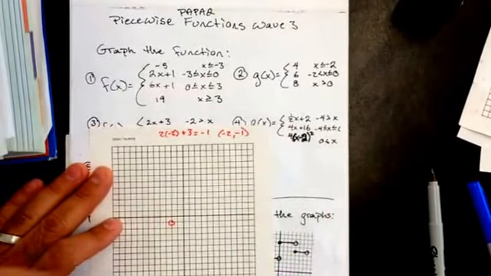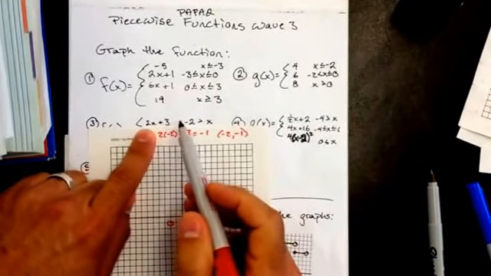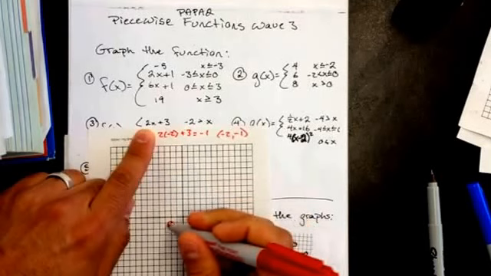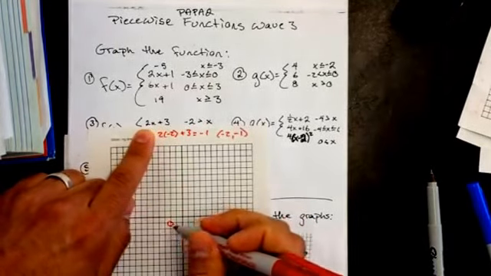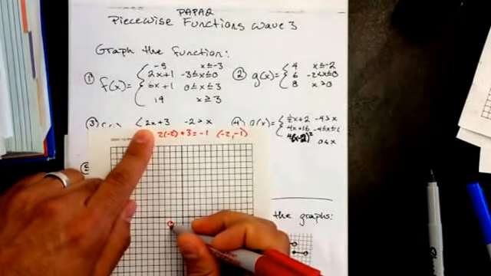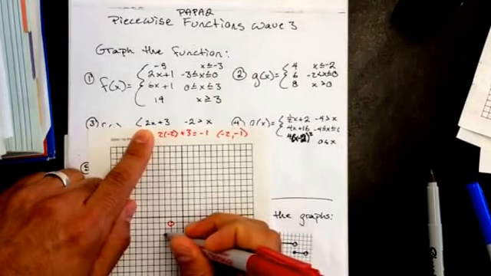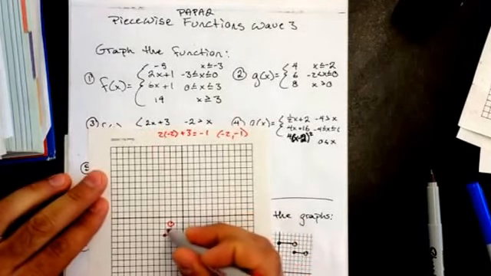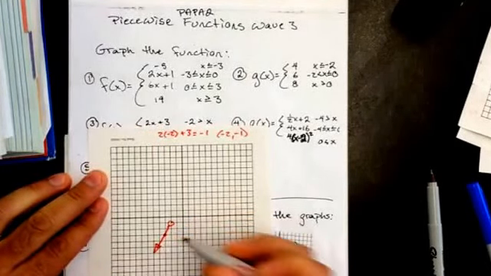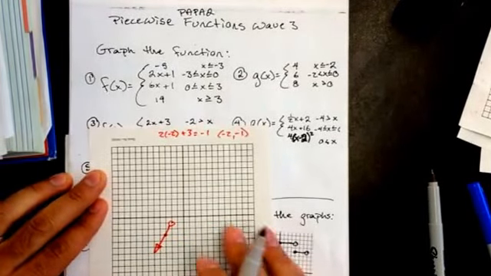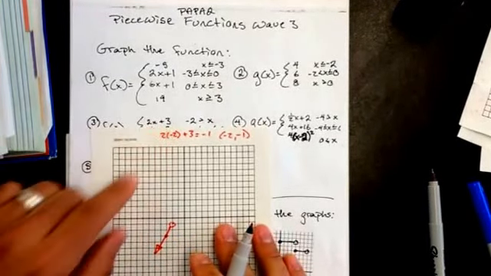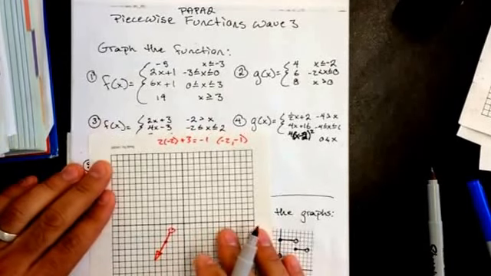It's everything less than that. So what I do is I look at the slope of this line, and I make the next point down from that. So it has a slope of 2. So I'm going to go down 2 to the left 1. That's a slope of 2, and it's everything below this. So it's a line like that. This is not a horizontal line because it has an x in it. It's not a constant value.